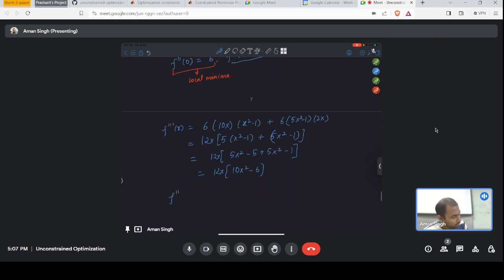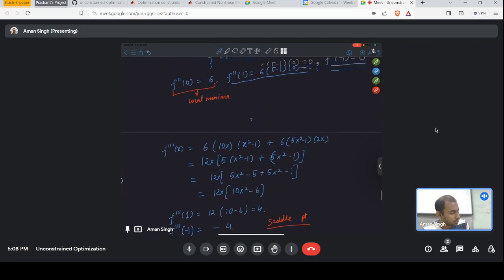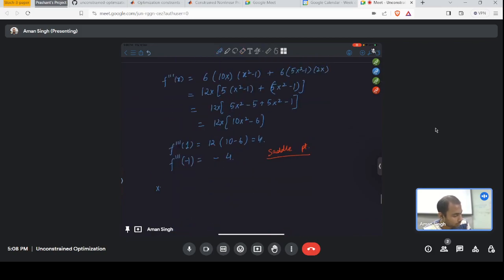So f triple dash x at 1, what will be its value? It will be 12 times (10 minus 6), equal to 48, and f triple dash at minus 1 is minus 48, right? So it turns out that at the odd position, this is non-zero. So basically these are saddle points, which means that x equal to 0 is a local minimum.